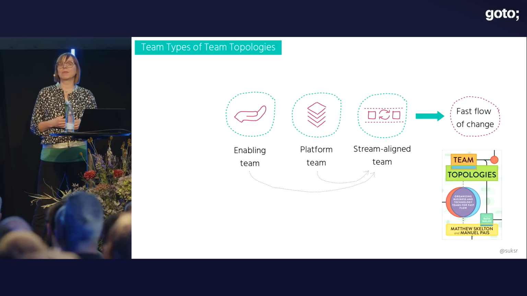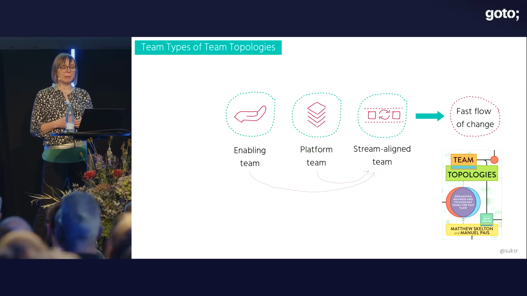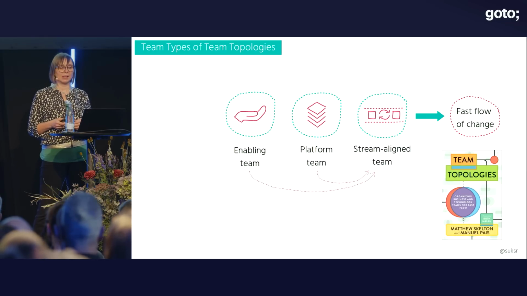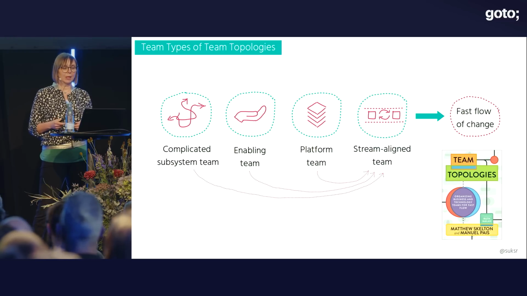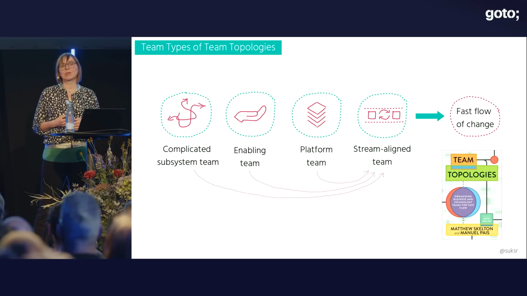Or the streamline teams can get support from the enabling teams, supporting as internal coaches and help them to identify and acquire missing capabilities. Or the complicated subsystem teams can help support the streamline teams. This is an optional team type, and they are supporting the streamline teams on particularly complicated subsystems that require very specialized knowledge.